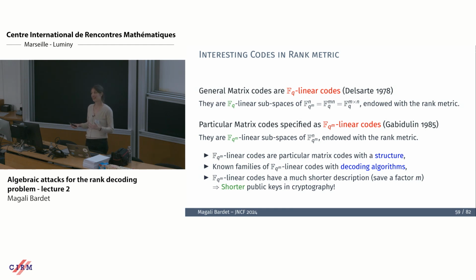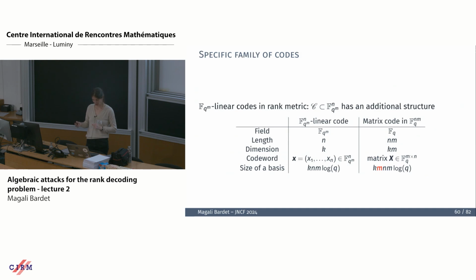So there are very specific matrix codes with a structure coming from the Fq^m linearity. And for this setting, what is interesting is that we have families of codes with efficient decoding algorithms, which is not really the case for matrix codes. And the interest in cryptography is that using this Fq^m linearity, you save a factor m when you describe the public matrix. So you have shorter keys for cryptography.